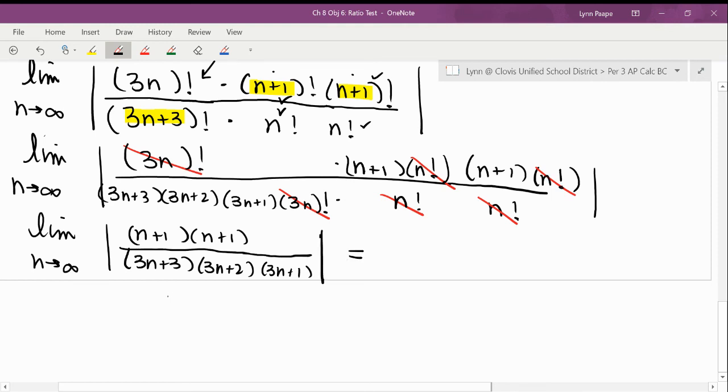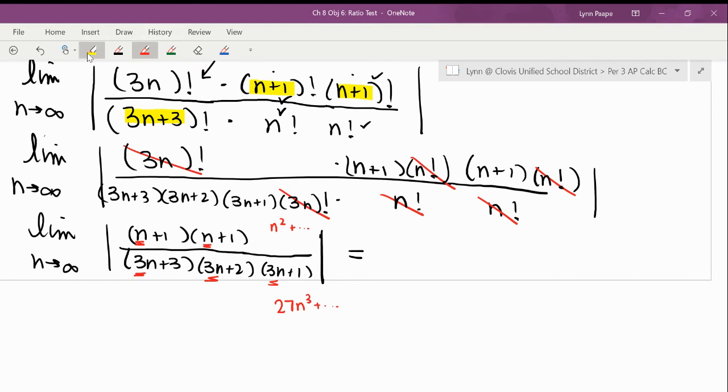When I look at this, in the numerator I have n plus 1 times itself, so that would be some sort of n squared term. And then down here, I would have 3n times itself three times, so that would be some sort of 27n cubed distributed out.